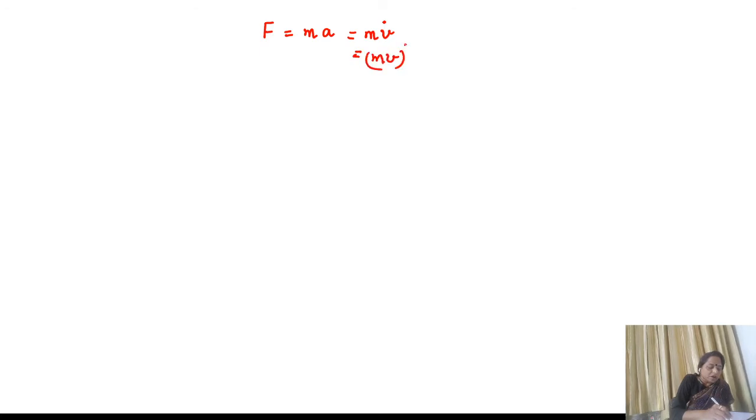This is the second law, in which he says that F is equal to ma. M is the mass, a is the acceleration. So I can also write it as mv dot, where the dot is representing the derivative or the change. Mv means the momentum, so the rate of change of momentum is equal to total force. This is his second law.